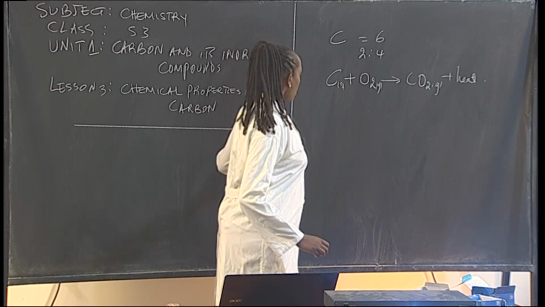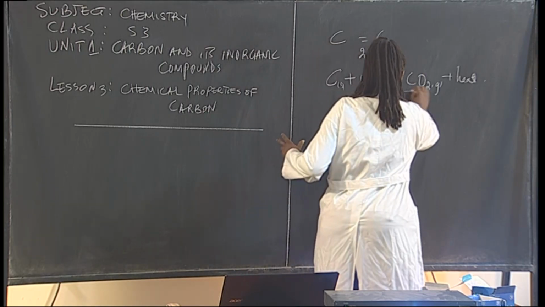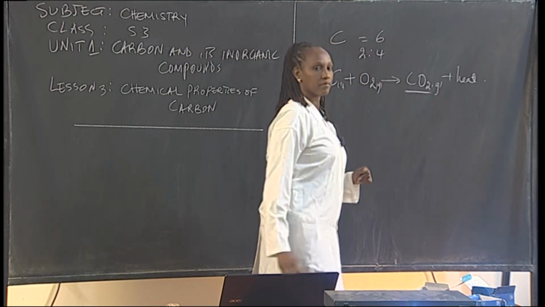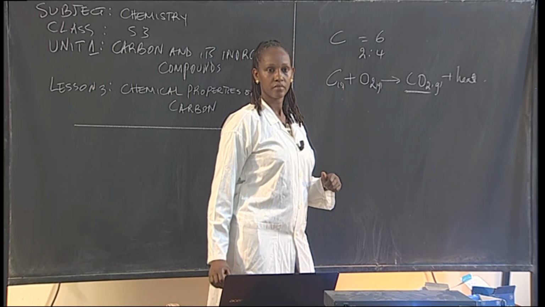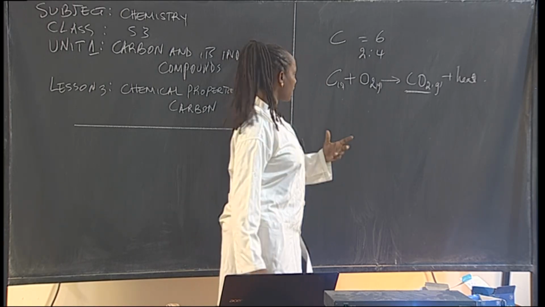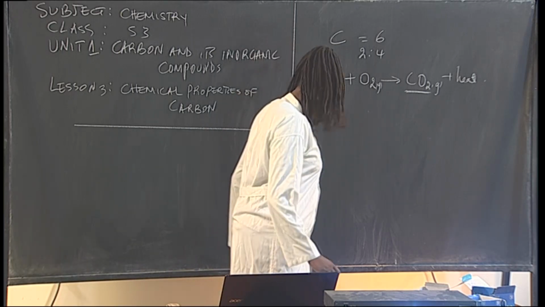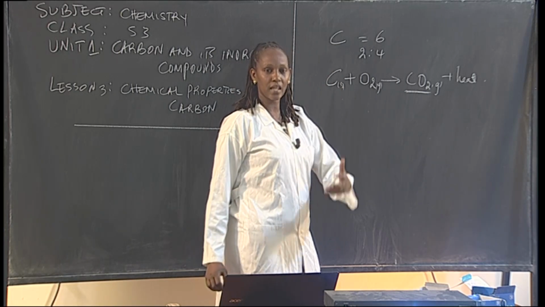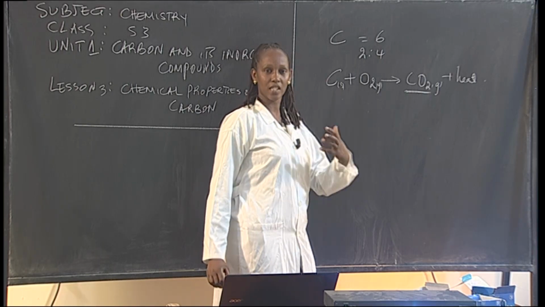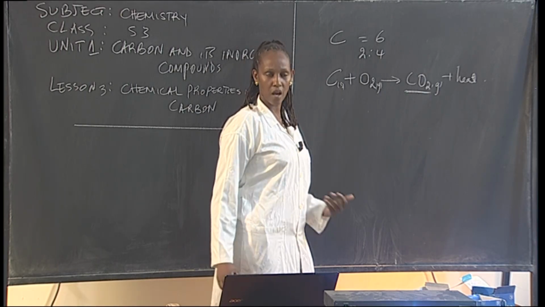So how do you know that this gas is carbon dioxide? You react this gas that is formed with calcium hydroxide. Normally we know that calcium hydroxide is the confirmatory test for carbon dioxide. How?